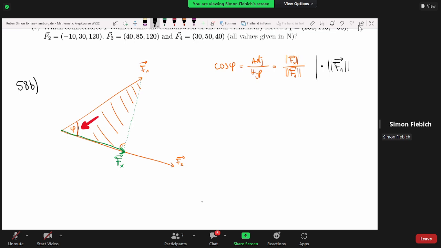Multiplying by the magnitude of F1 would give you magnitude of F1 times cosine of phi being equal to the magnitude of Fx. Correct? Yeah, it's correct.